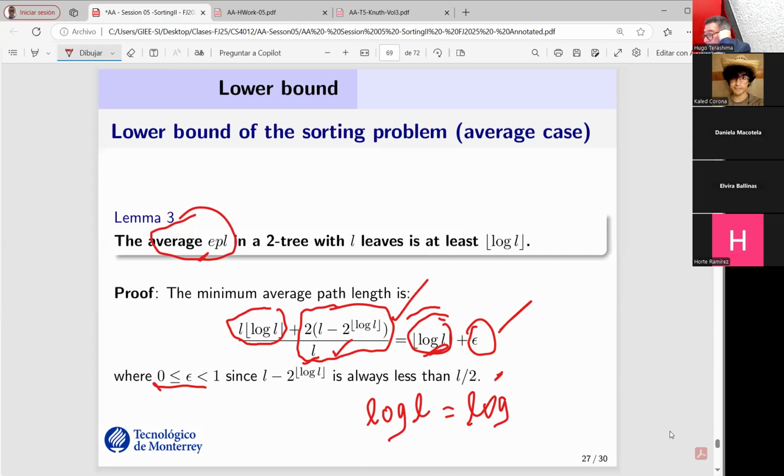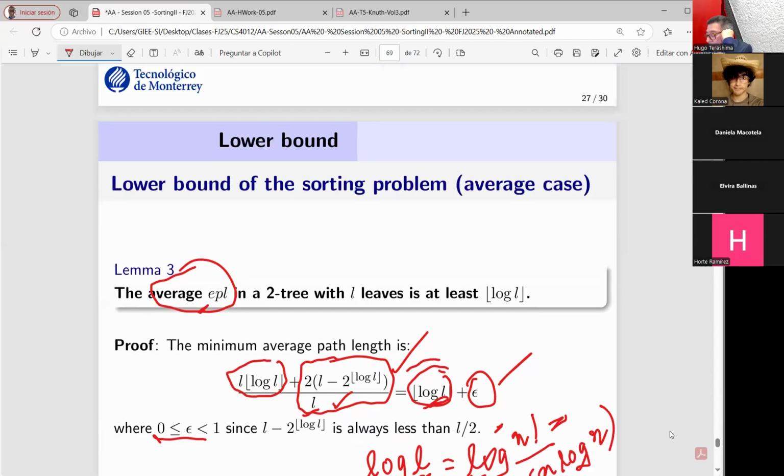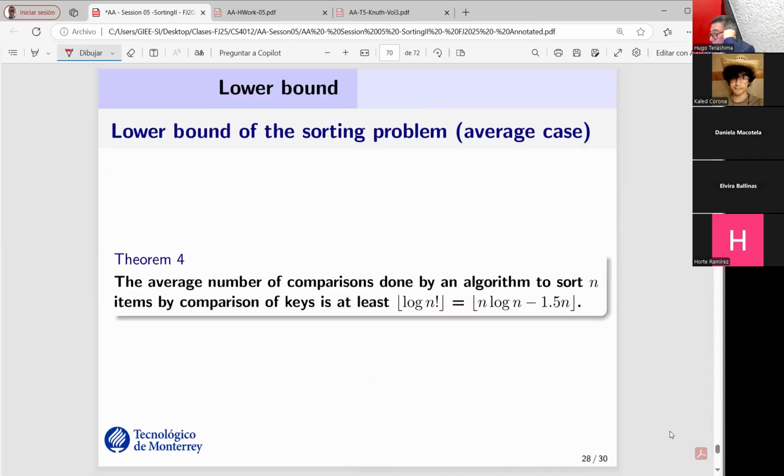How many different orderings in the leaves of an array? n factorial, right? So this expression is log of n factorial, and this expression is n log n. So that's the reason the complexity is n log n for the average case of the sorting problem.